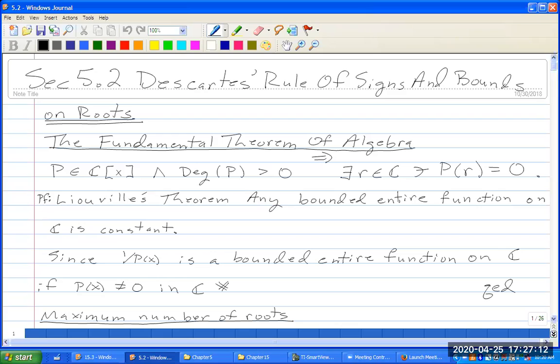Now, of course, it could be a complex number where the imaginary part isn't possible, but it's possibly a complex number, possibly imaginary.